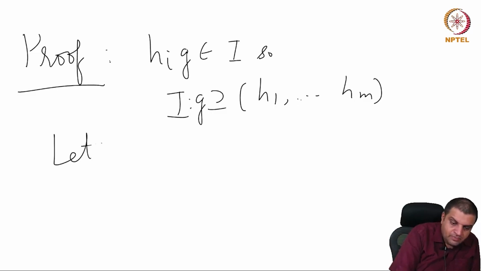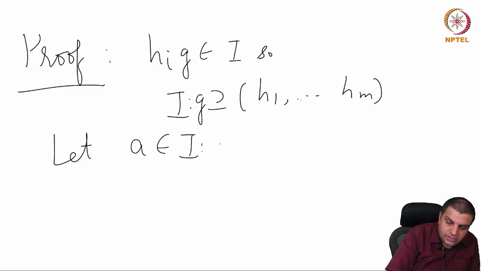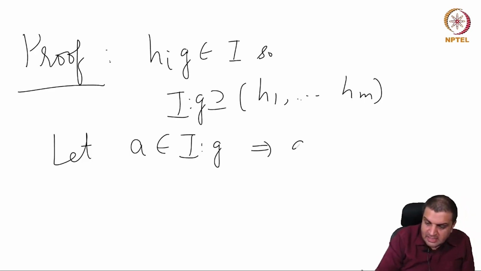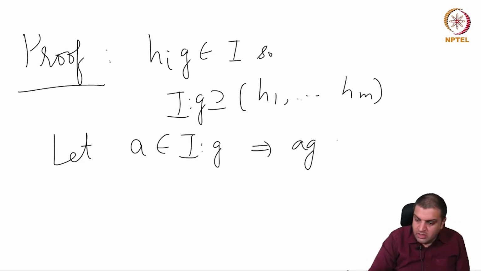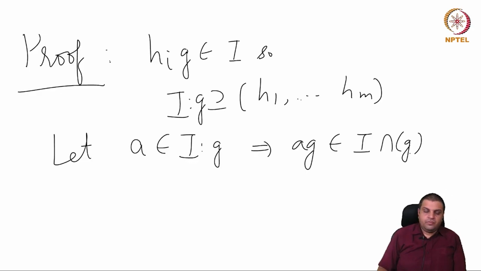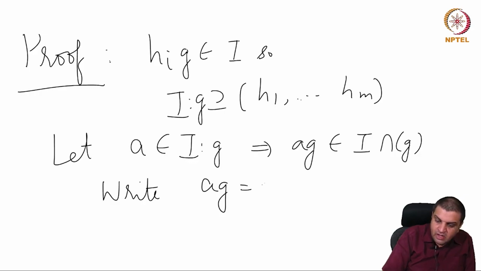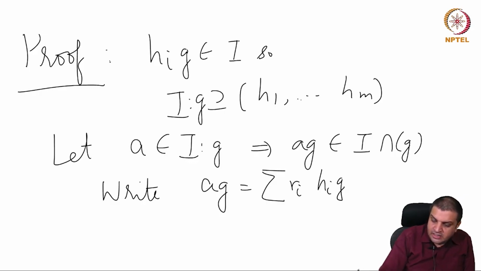So let A be an element of I colon G. This implies that AG is inside I and inside the ideal of G. Therefore, we can write AG as a sum of coefficients Ri times Hi times G, where i goes from 1 through m.